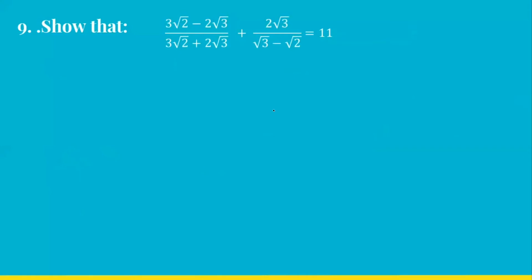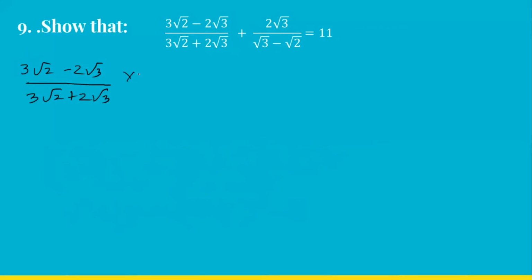Show that (3 root 2 minus 2 root 3) upon (3 root 2 plus 2 root 3) plus (2 root 3) upon (3 root 2 minus... 3 root 2 upon root 3 minus root 2) is equal to 11. Again, same thing, children. You'll have to rationalize it separately. So we write here (3 root 2 minus 2 root 3) upon (3 root 2 plus 2 root 3).